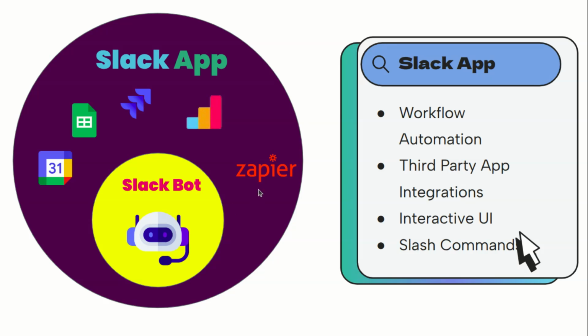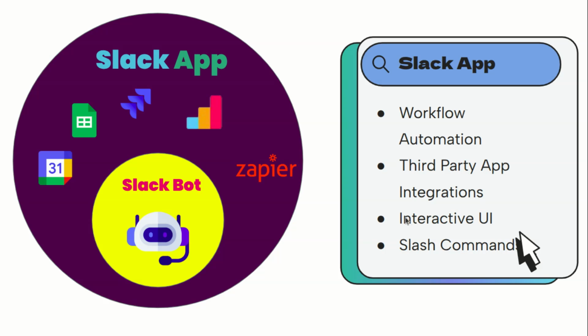You can integrate automations into your workflow using the Slack app. You can use third-party integrations like Google Calendar. You can integrate your Google Sheets, Asana, Polls, Zapier, and a number of other apps with your Slack account, and you can just increase your team's strength in communication, right?